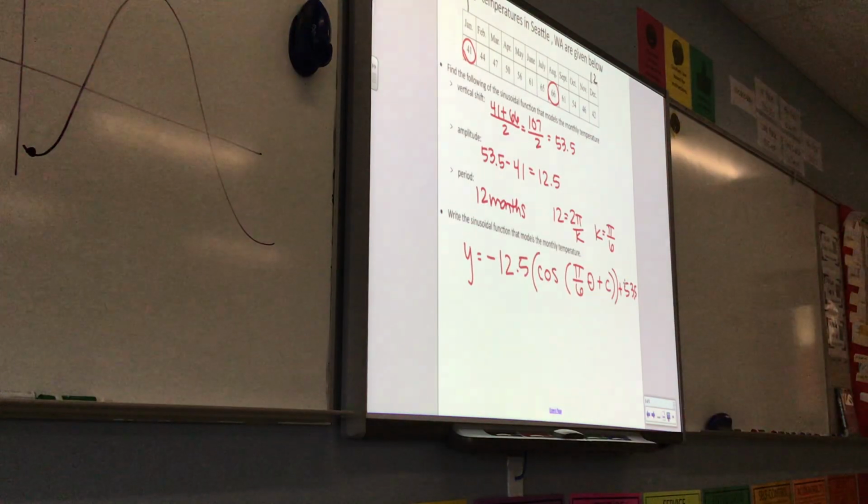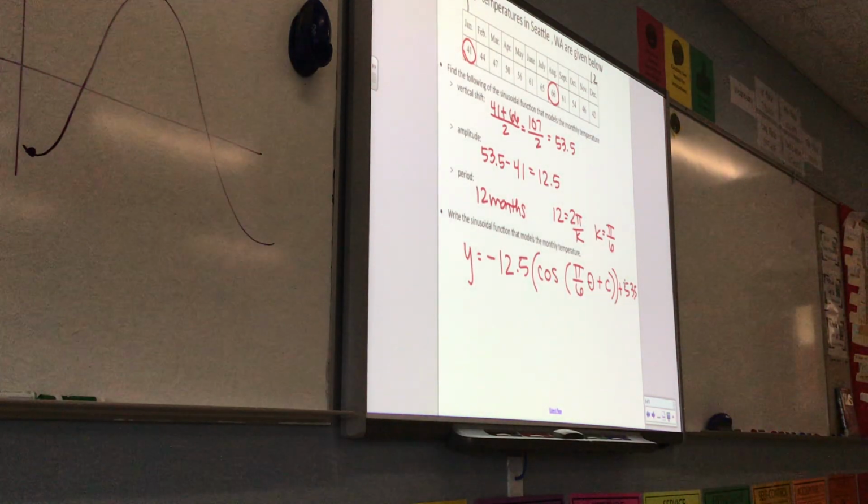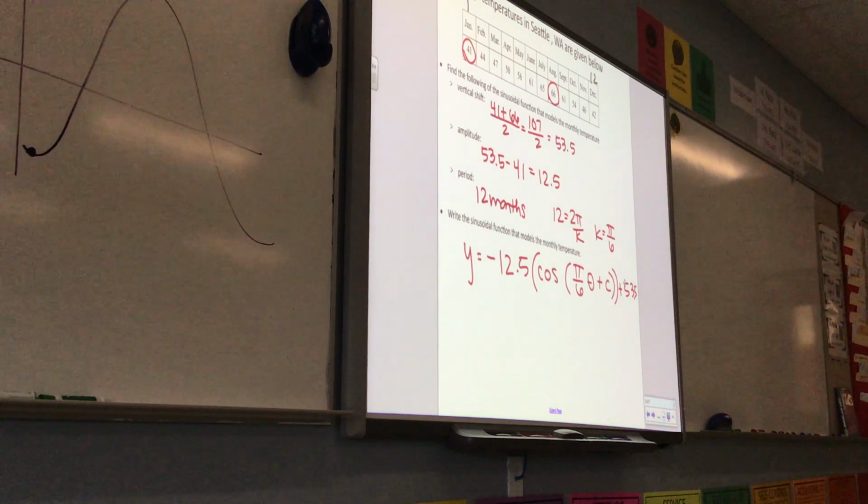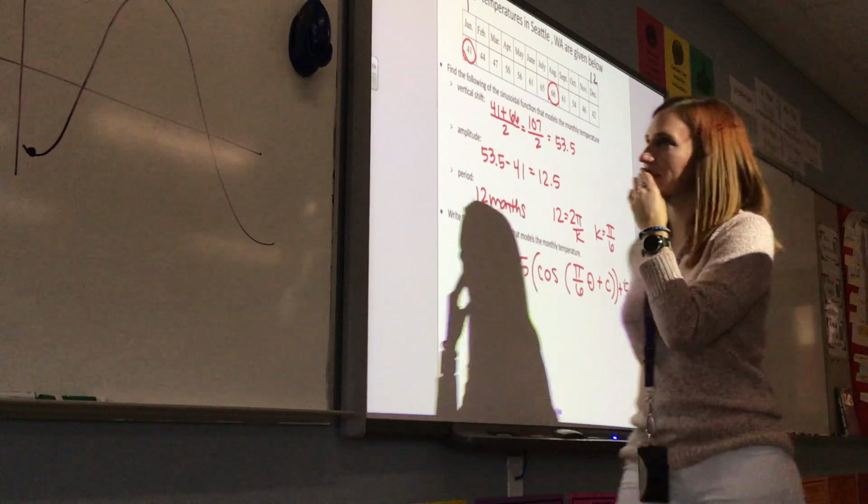We have a phase shift. So now we have to find it. And this is one way you can do it. When we get to review day, we'll talk about another way too. We need to solve this problem for C. What do I do to start to isolate the C? Or sorry, I can't isolate it now because I don't have anything plugged in. How can I plug something in?